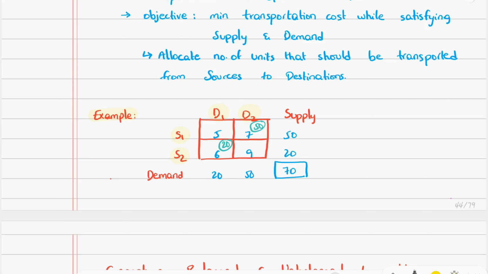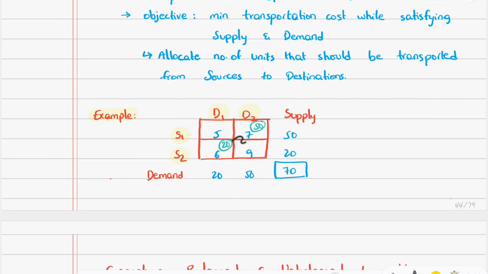And our job is to allocate the number of units that should be transported from sources to destinations. So let's say if I allocated 50 units here, this basically means I'm willing to transport from S1 to D2 50 units. Because of this allocation, what happened? The corresponding supply of S1, this 50 units, is satisfied, and the corresponding demand of D2 is also satisfied.